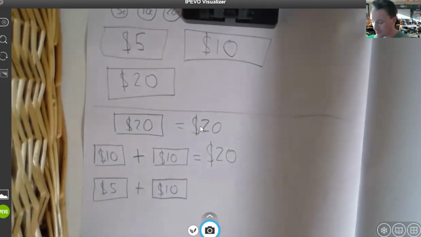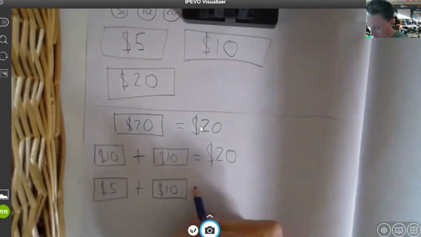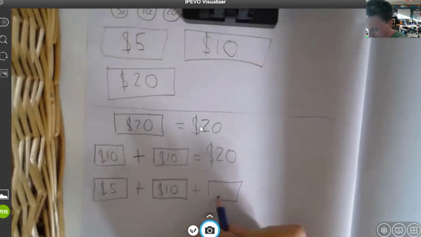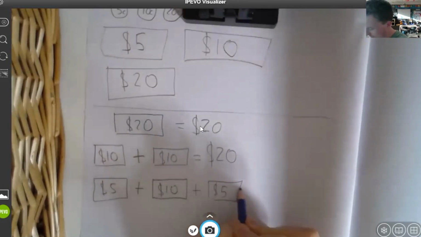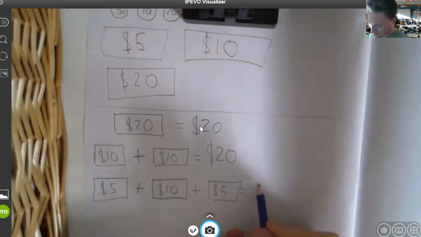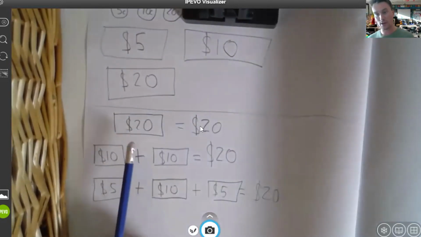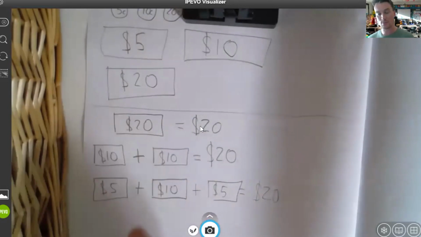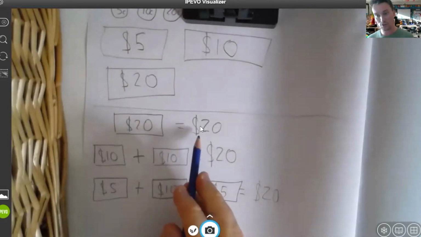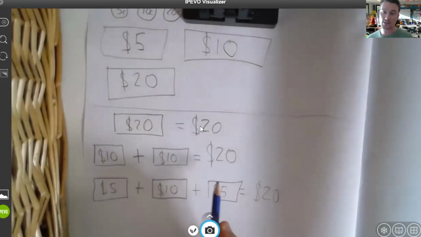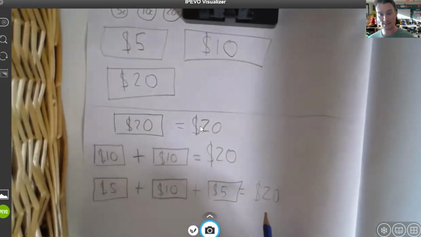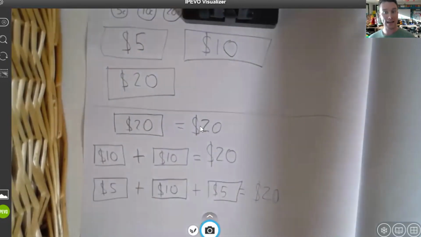That's not 20. We need another $5 note. So there's another one, and that would equal $20 as well. All of this is good practice for the strength in your muscles when you're writing and drawing, for writing out dollar signs, writing out 20, and thinking about maths, addition, or adding.